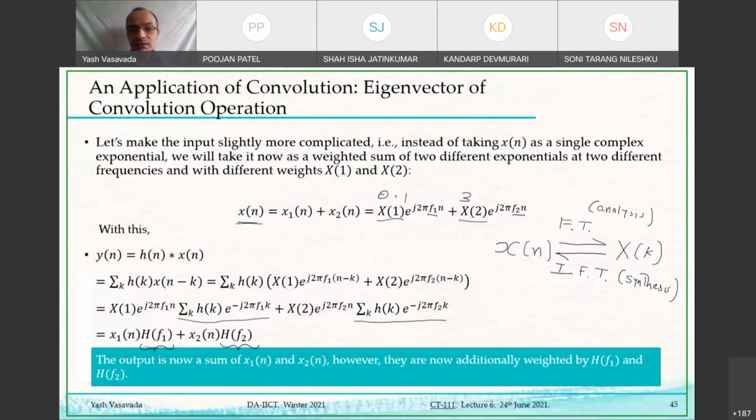Then it did the Fourier transform again of the sequence h of n at frequency f2, and it multiplied x2 with just that h of f2. Okay, so now this is the question that I will ask you.